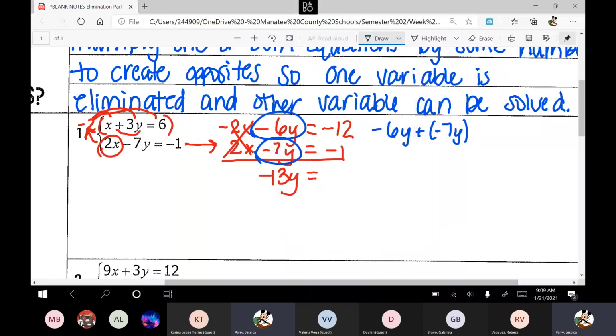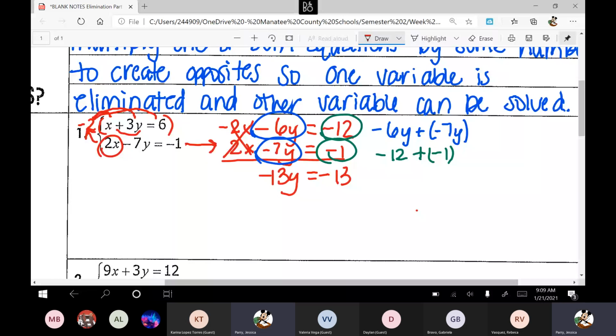We have -12 plus -1. What is -12 plus -1? Go ahead and write in the chat, what is -12 plus -1? Remember, same signs, add and keep. Add those numbers, keep the negative sign, and you should get -13.